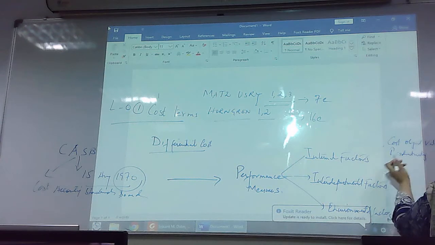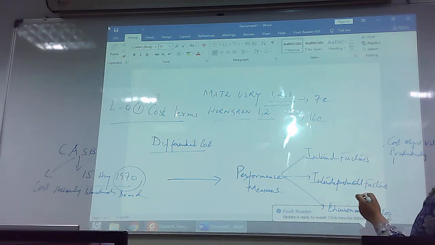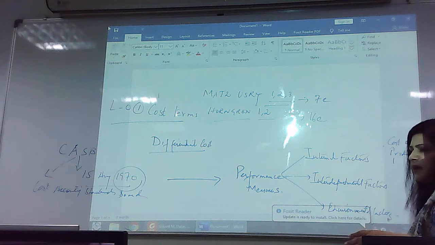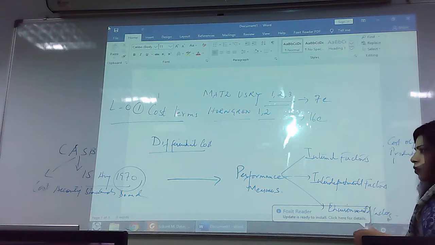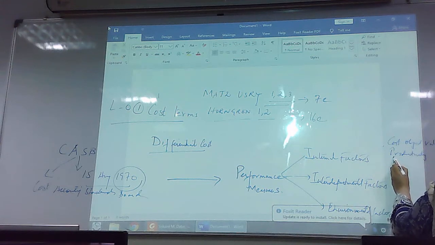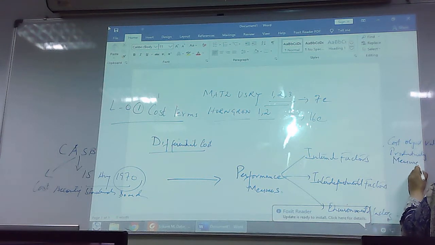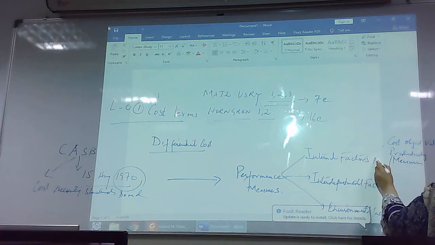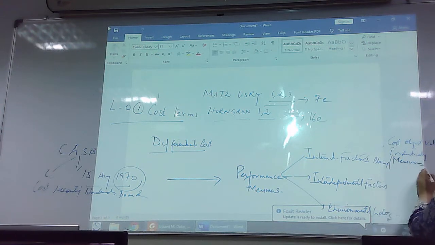There could be some other measures like planning, if you want to make plans or evaluate what you want to do next. So we have measures; these could be planning measures pertaining to the cost object.